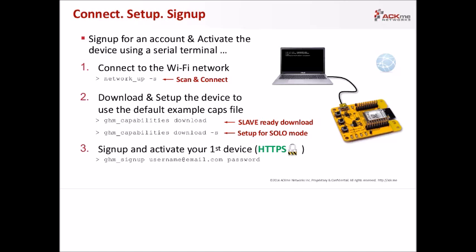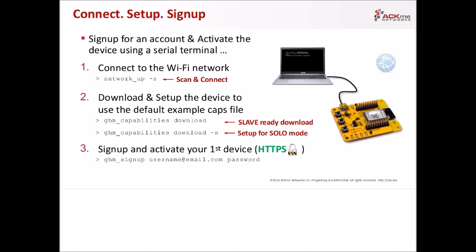The next step is to download an example capabilities file, again, just to get you started until you're familiar with building your own. And that's, again, quite a simple command: goHACKme capabilities download, or for slave mode, or download -S for solo mode. What that does is run the setup script, which very easily sets your device up.